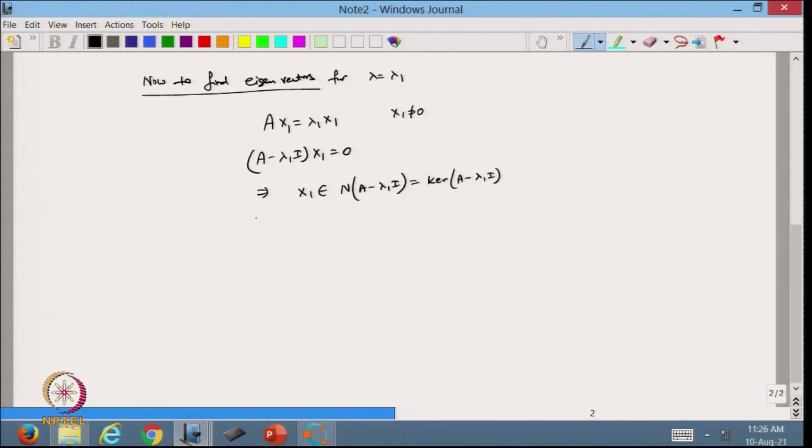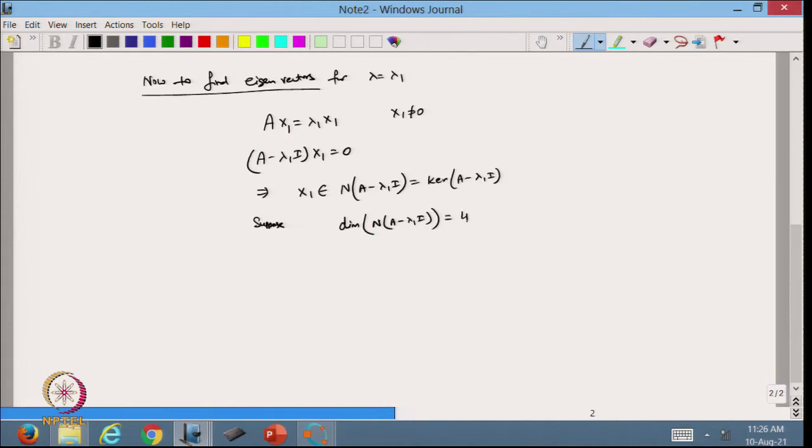Now, suppose the dimension of the null space corresponding to the eigenvalue lambda 1 is 4.